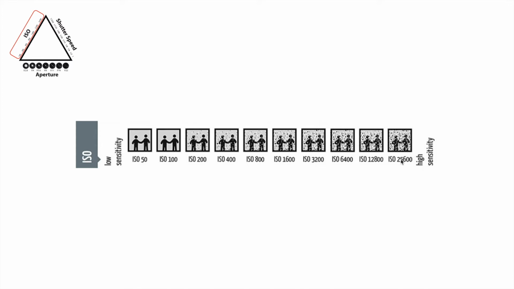What is said in the photography world is that there's lots of noise in the photo, which means it's like blotchy grains and different types of texture which reduce the quality of the photo. So changing the sensitivity, the ISO, has positives, but it also comes with quite a lot of negatives.